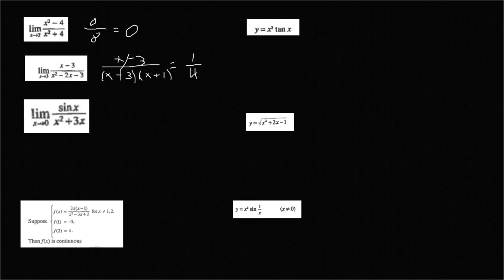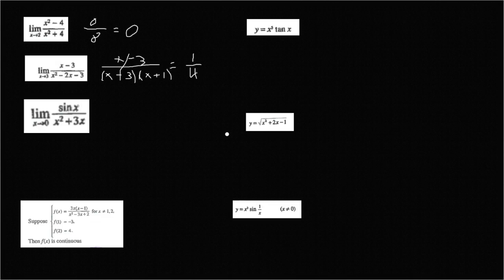Alright, so let's see, we have one more limit. I was jumping down here. So we have sine x, which is always oscillating between -1 and 1.